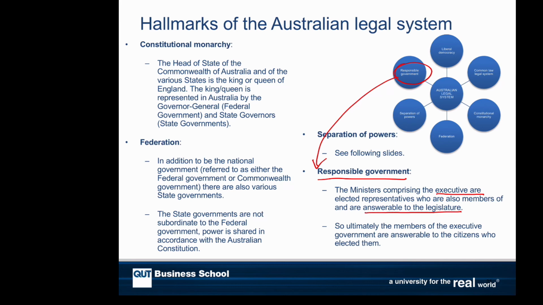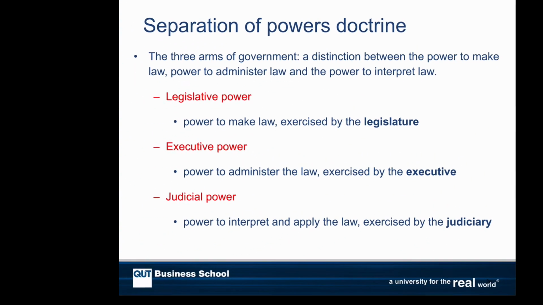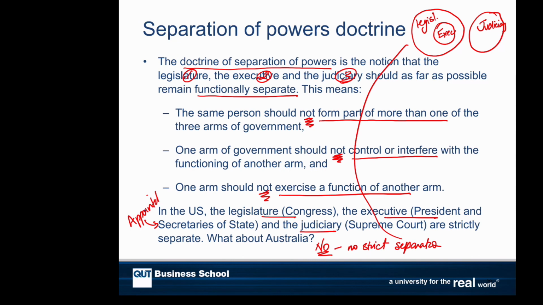So by drawing the ministry out of Parliament as a subset of Parliament, what we find is that when things go wrong in a government department, the people running that department have to turn up to Parliament and ask questions from other people in Parliament. So under the Australian situation, we might consider them more responsible, more accountable for what's going on. We do, however, enforce this strict separation of the judiciary from the executive and the legislature.